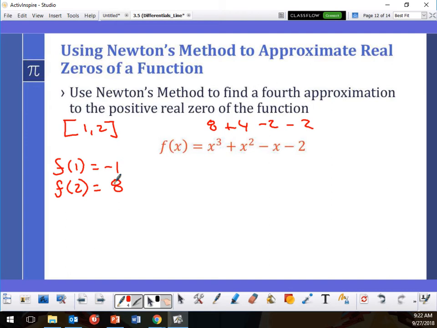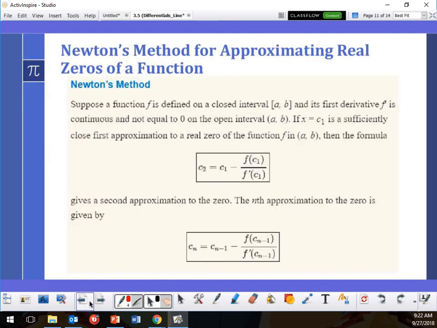Okay, let's try 1.2. So if I go back a page and I say here, c1, right? So for this one, it's closer to that one, so I'm going to plug in 1.2 right there.